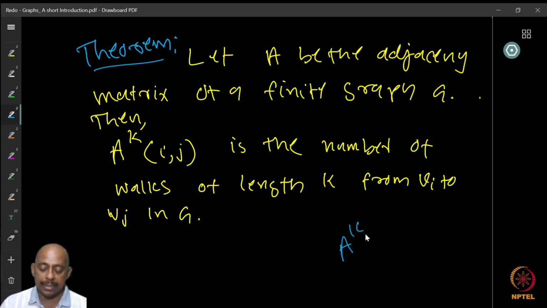Now I look at the ijth entry of this kth power. The claim is that the value in this position in the matrix A raised to k is the number of walks of length k from Vi to Vj in the graph G. So the ijth entry is the number of walks of length k from Vi to Vj.